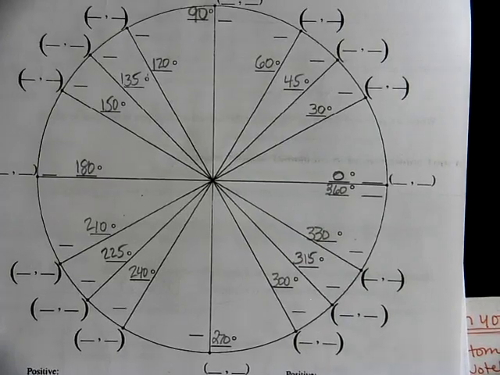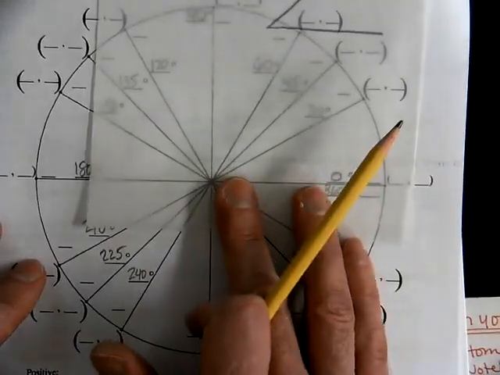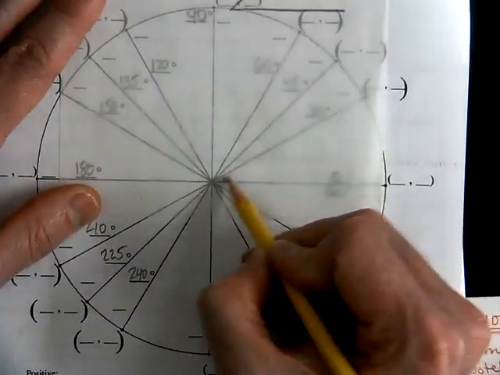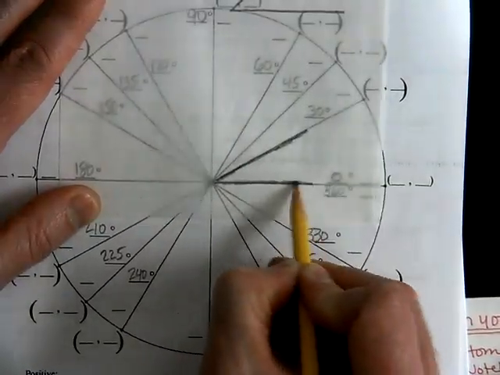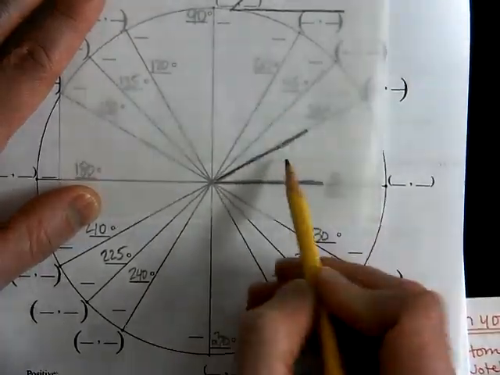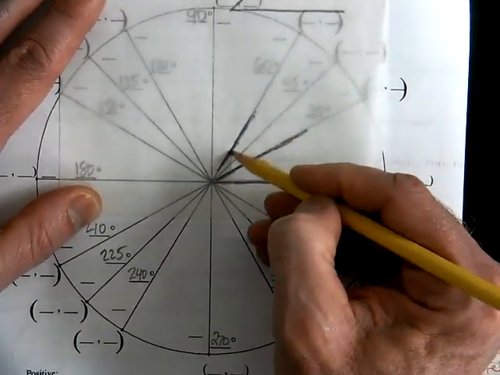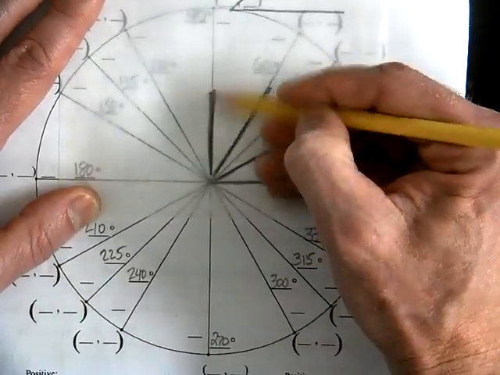Now we're going to talk about radians. So, with radians, I like to talk about chopping our 180 into those equal increments that we had with 30 degrees.